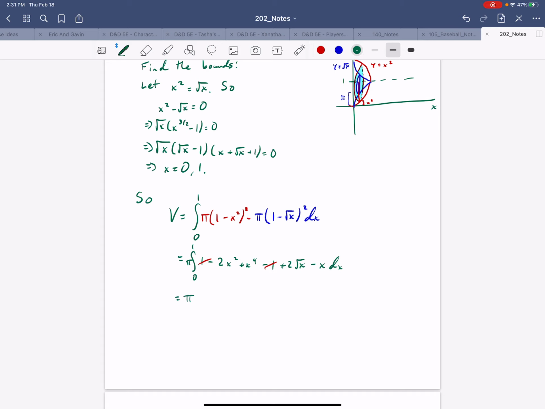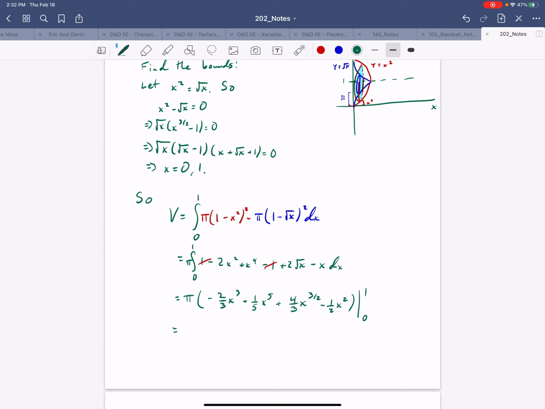And you're getting pi times negative 2/3 x cubed plus 1/5 x to the 5th plus 2/3, actually I think it's 4/3 x to the 3/2 minus 1/2 x squared. And we're plugging in 0 and 1.